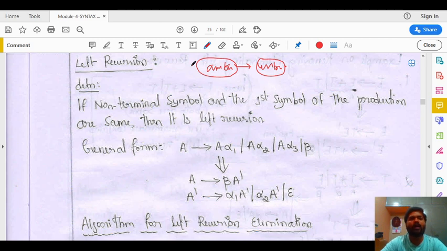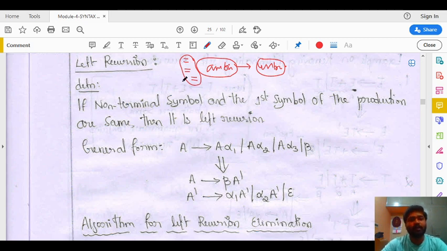An ambiguous grammar has many problems because it has more than one leftmost derivation and more than one rightmost derivation, and both parse trees will look the same. We need to avoid these particular cases. So how do we make a grammar unambiguous? We need to eliminate left recursion and left factoring.